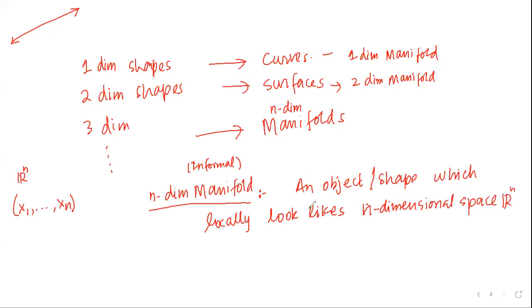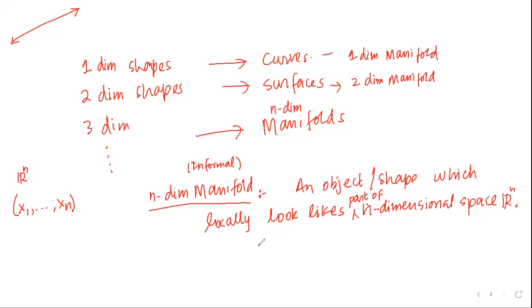Locally looks like n-dimensional space Rn means it looks like a part of the n-dimensional space. For example, you all know that we are living on the Earth, and the Earth is a sphere. This is a spherical object. But when we look around ourselves, it seems that we are on a flat surface. We are on a plane.